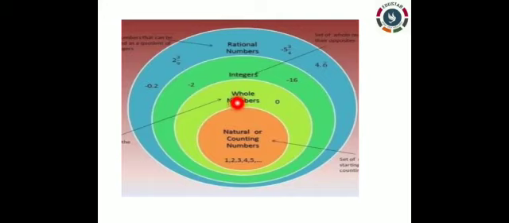Whole numbers are 0 including the natural numbers. Next one, integers. Whole numbers and their negatives are called integers. Natural numbers, whole numbers, and integers are held by rational numbers.